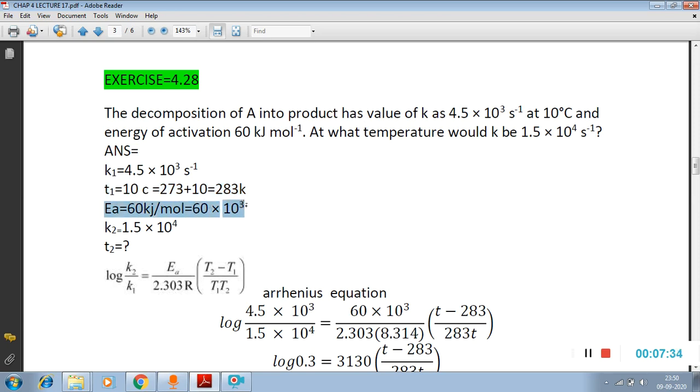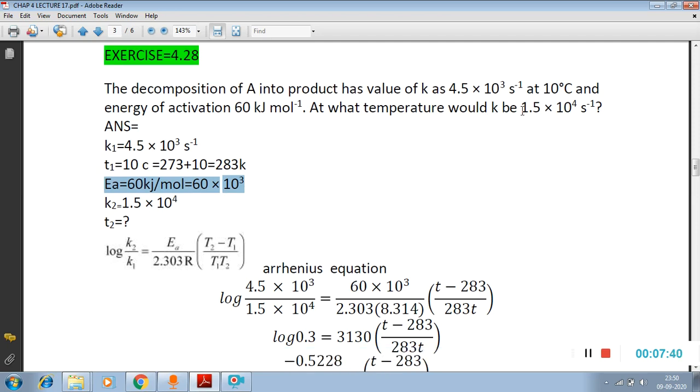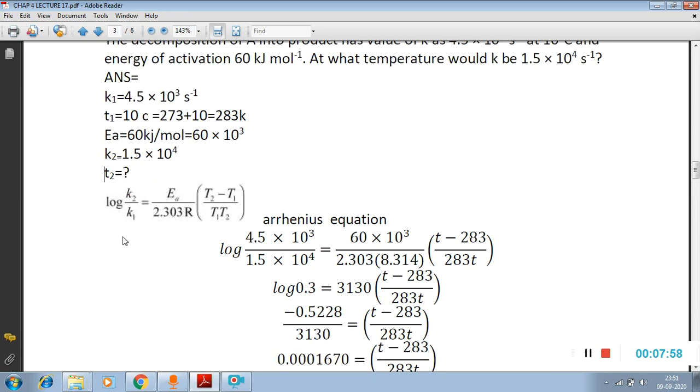Convert it into joule per mole, so you will get 60 into 10 raised to 3 joule per mole. Now the second K value is given to you, 1.5 into 10 raised to 4 second inverse. Here we have to find out the second temperature. At what temperature would K be this value, means the second temperature we want to find out.